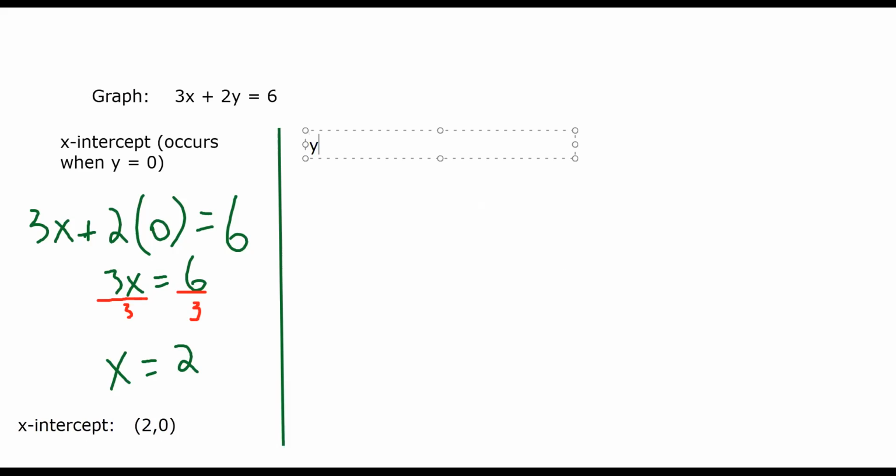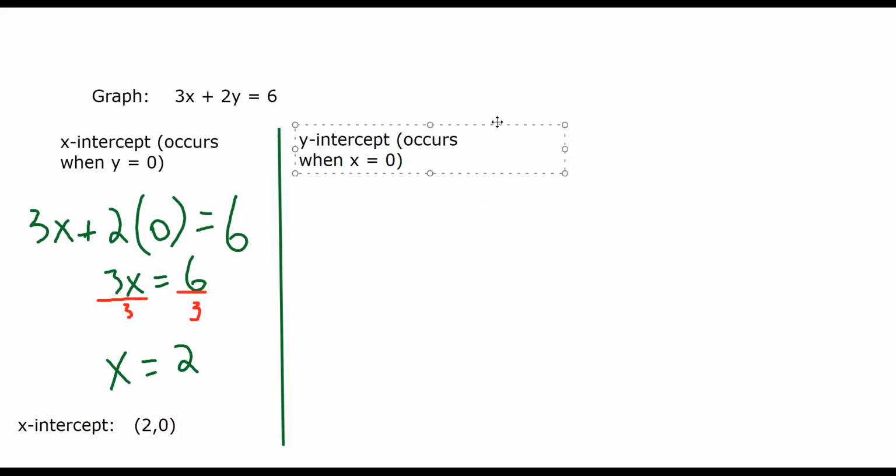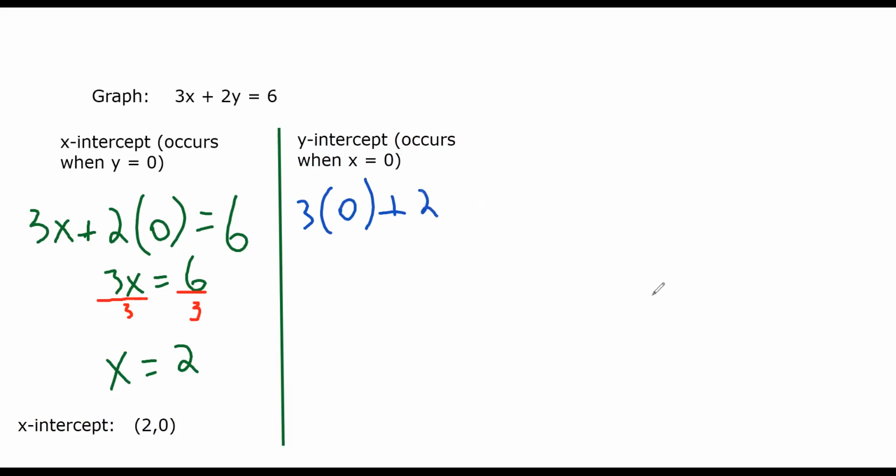Now let's find the y-intercept, and this occurs when x is equal to 0, and we solve for y. So we're going to plug a 0 in for x. We're going to let y be y. We're going to solve for y, basically.